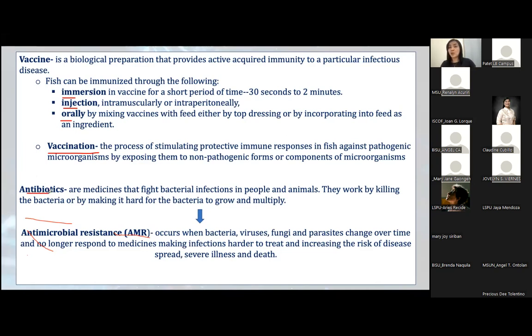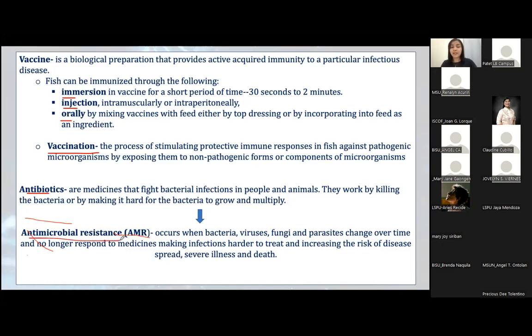Now for antibiotics, yes, ginagamit ito. This is used to kill or inhibit the growth of bacteria. However, one drawback of using antibiotics is ina-abuse. For example, merong sakit yung isda, lalagyan lang ng antibiotics. So what will happen? This will lead to antimicrobial resistance.